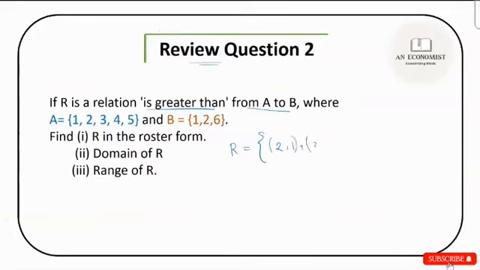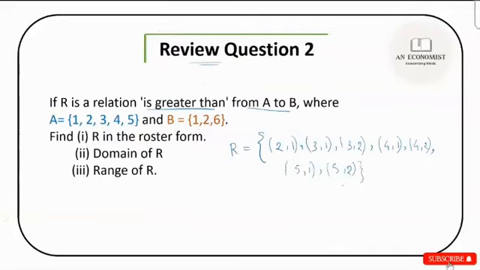Then 3 is greater than 1. 3 is greater than 2. 4 is greater than 1. 4 is greater than 2. 5 is greater than 1. 5 is greater than 2. Anything else?